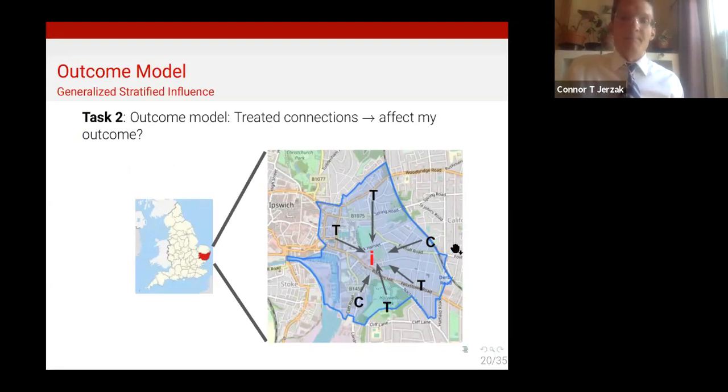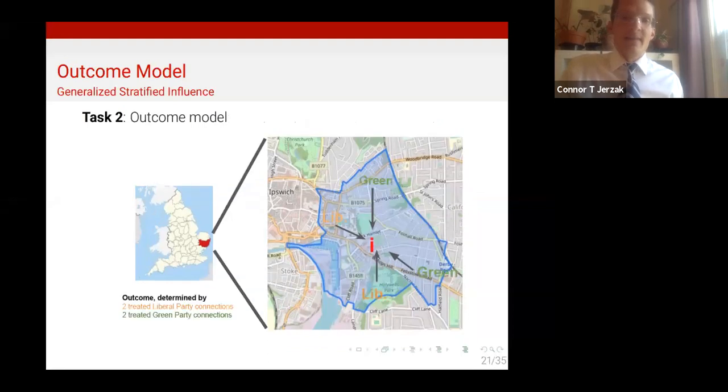The simplifying assumption that I'll make is going to generalize something that's known as the stratified interference assumption. So I'm going to take this complexity here, and I'm going to distill it down through a simplifying assumption. That simplifying assumption is that the outcome is determined in some way by the sum of treated connections within these latent subgroups.